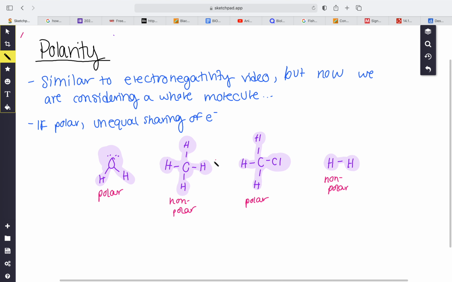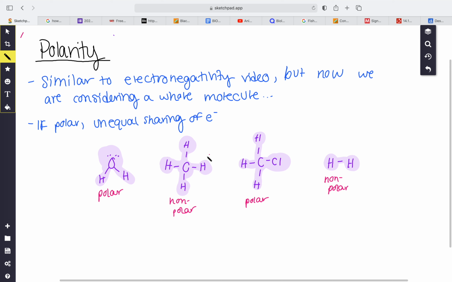So let's look at something that is nonpolar. We have a carbon in the center with 4 hydrogens around it. With a carbon in the center and 4 equal things around it, it doesn't have to be hydrogen, it can be fluorine, chlorine, or other halogens.